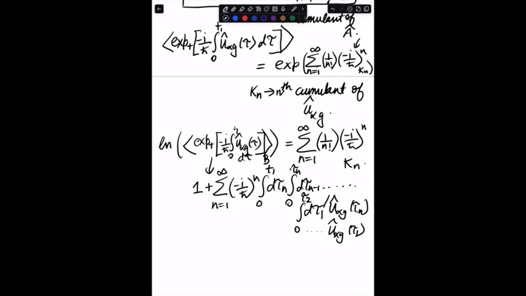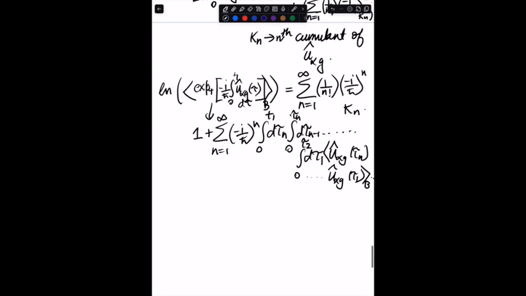And then you still have that expectation, or you're calculating the ensemble average over all the bath states, right? So you get this. And you know very well that ln 1 plus x can be approximated as x minus x squared upon 2 plus x cubed upon 3, and so on. Taylor series, right? So yes.